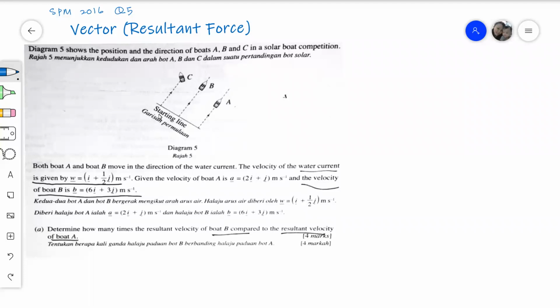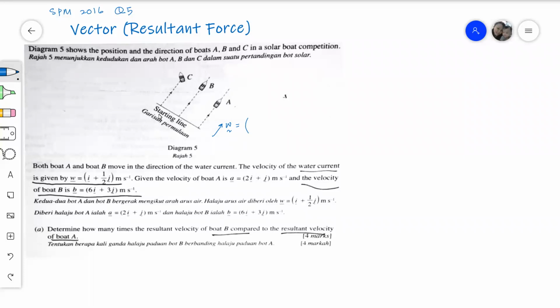Diagram 5 shows the position and the direction of boats A, B, C in a solar boat competition. Boats A and B move in the direction of the water current, and the velocity of the water current is given by W. So let's mark it down. W equals I plus half J. Now this is a position vector.